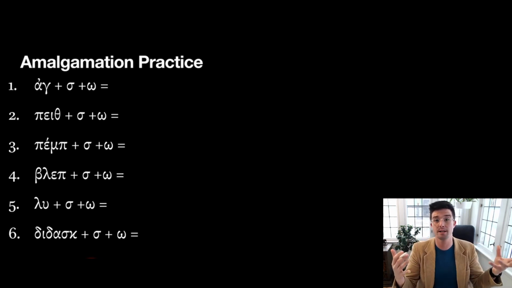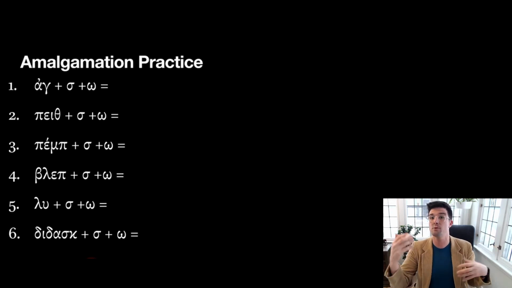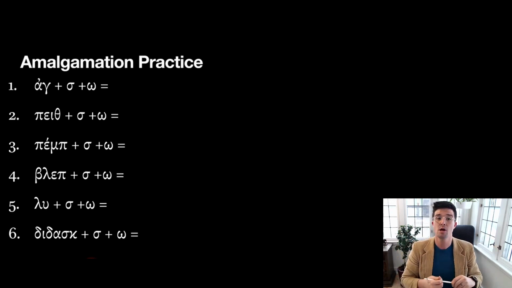See if you can do it cold, as it were. And if you can't, that's okay. It's best that you make a guess. When you make a guess and correct yourself, you're more likely to remember it the next time. So take about a minute here, pausing the lecture and answering these questions before I give you a little bit of help.